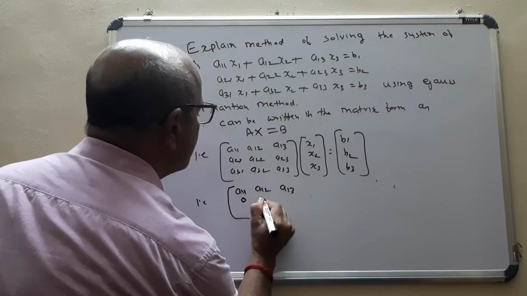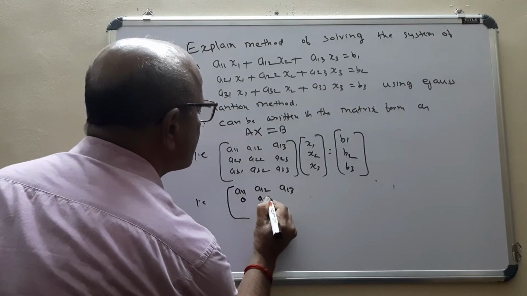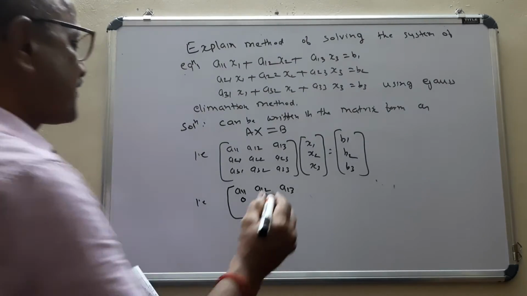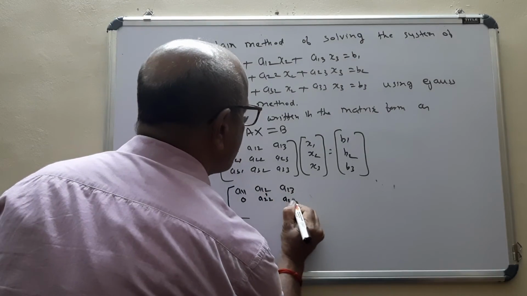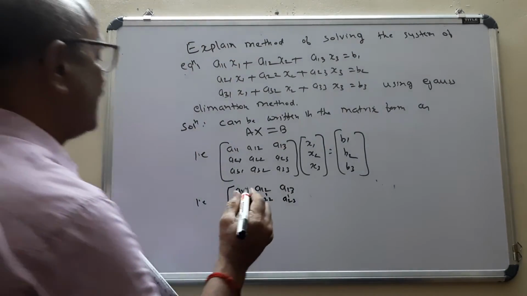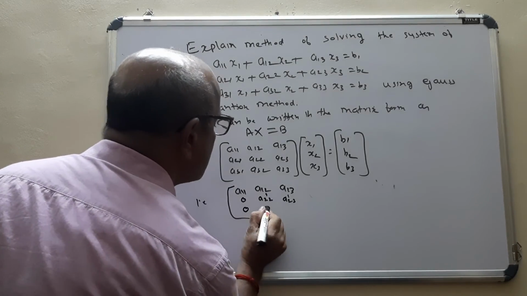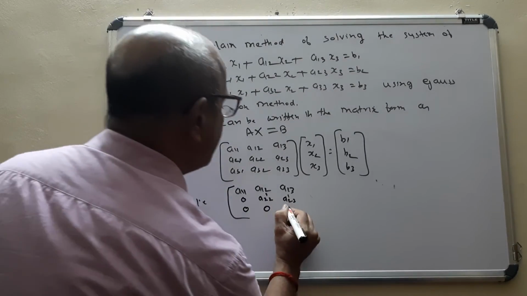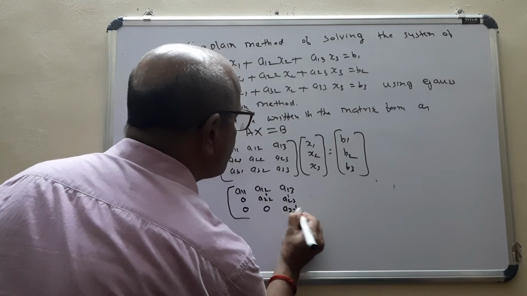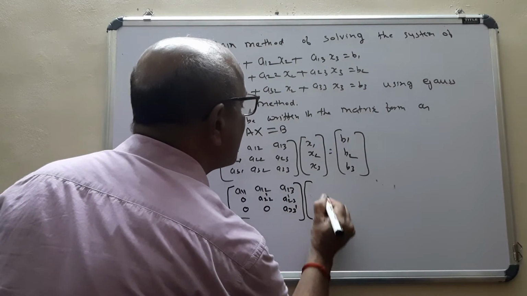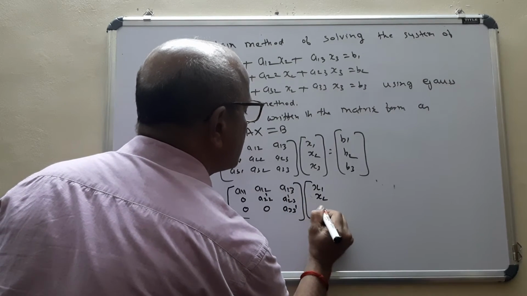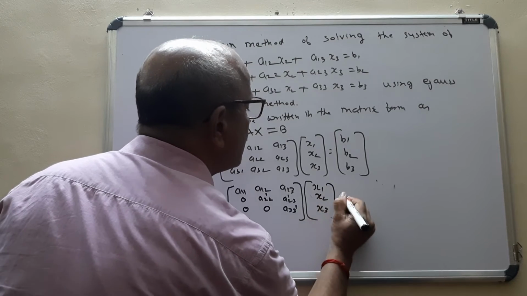And this is written as 0. This is changed to A22 dash. This is changed to A23 dash. And in the last row, these two elements will be 0, and the third element is changed to A33 dash.